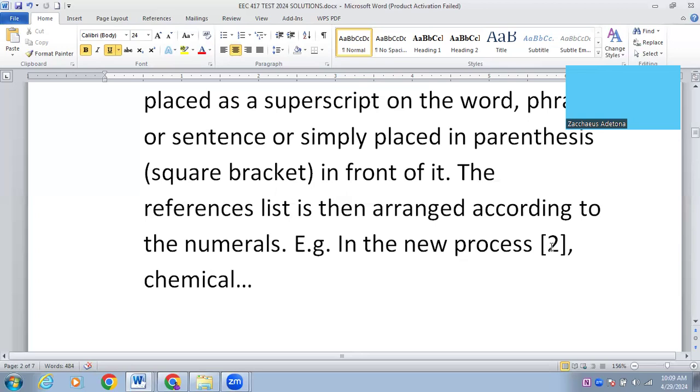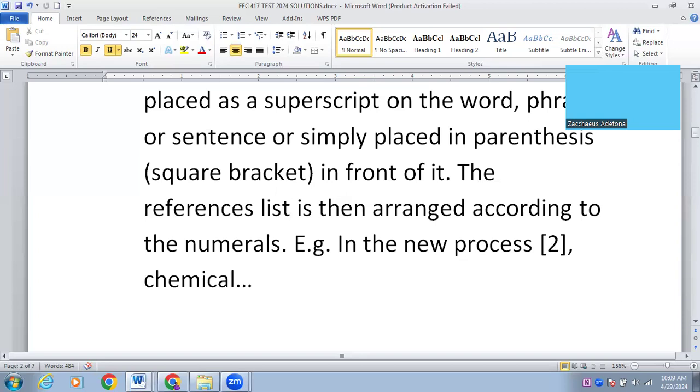Also in the numerals method, there are other terms used to represent citation, like Latin terms. For instance, we use loc. cit. or op. cit.